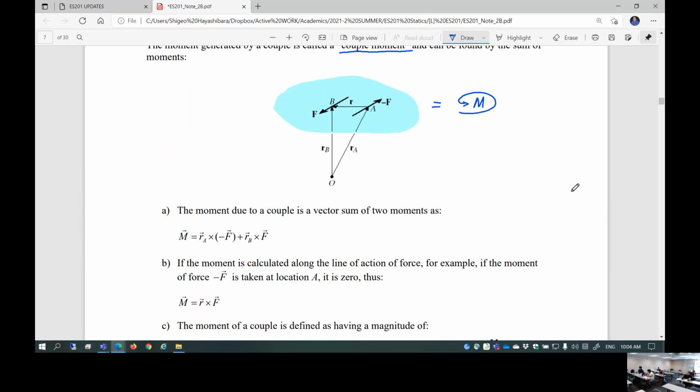Suppose you use this arbitrary point O, and let's move it to right here.